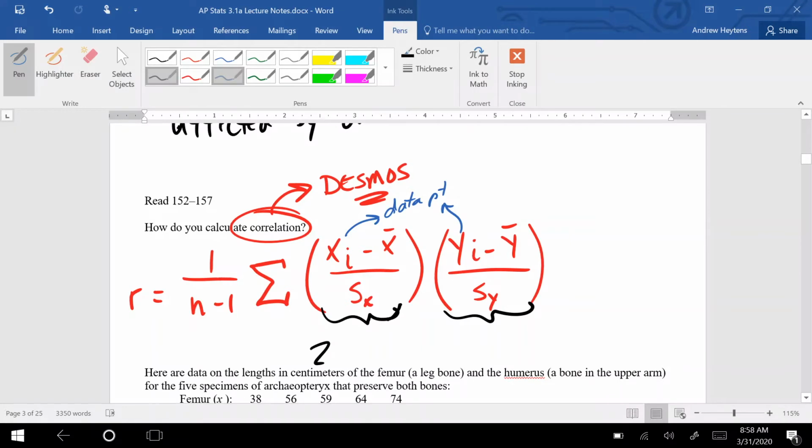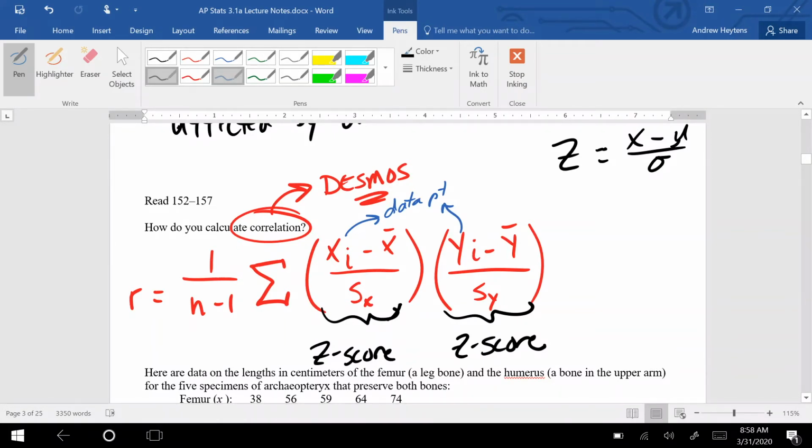These are your z-score calculations. If you remember, the z-score formula is data point minus the mean divided by standard deviation. So you're taking a data point, x, minus x bar, which is the mean, and dividing it by standard deviation.